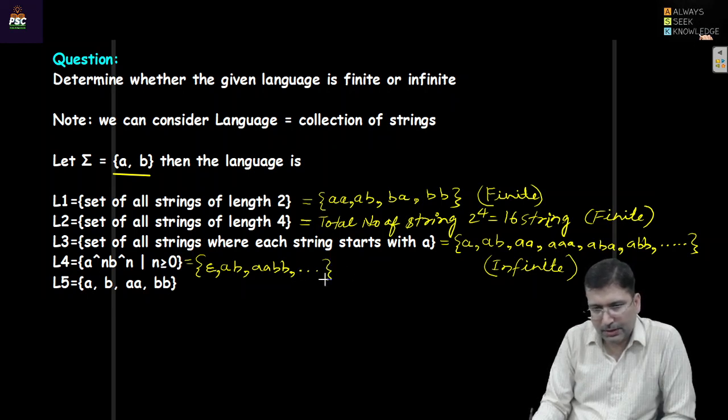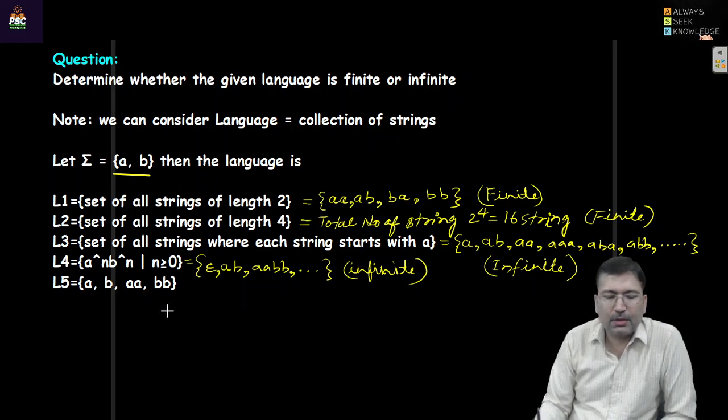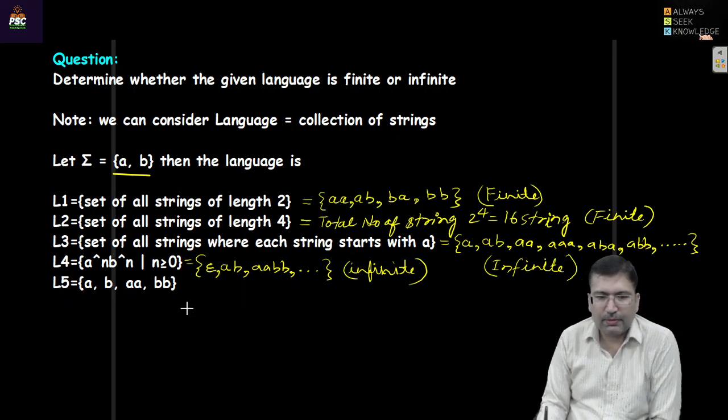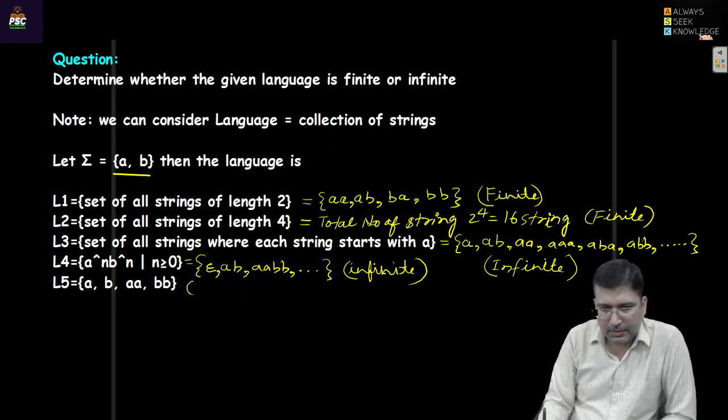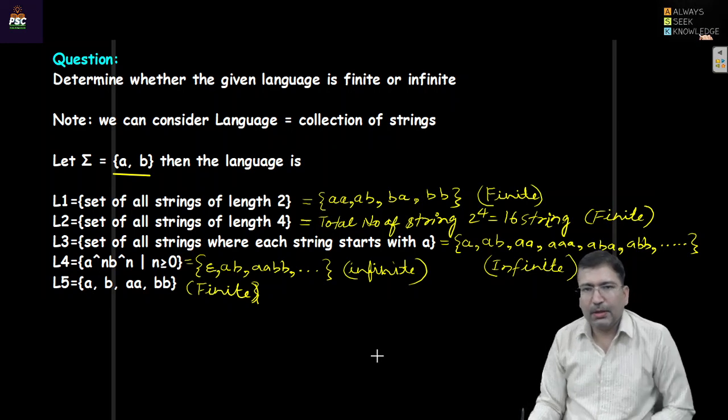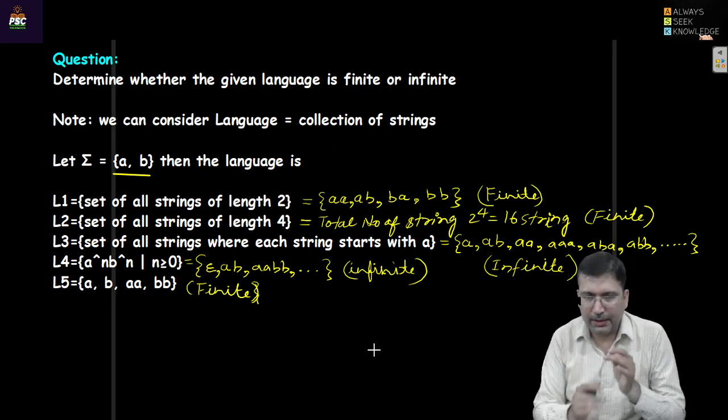So this is also an infinite language, because there are infinite strings possible. Now L5 has only 4 strings, so it is a finite language. With this example, I hope you can understand whether a language is finite or infinite.